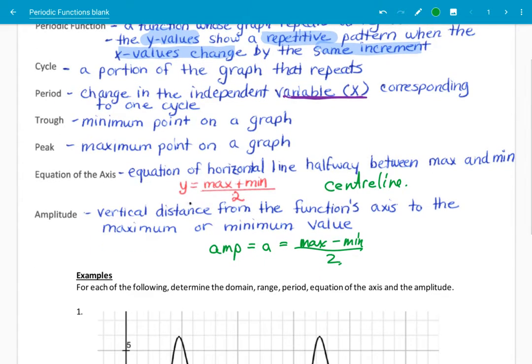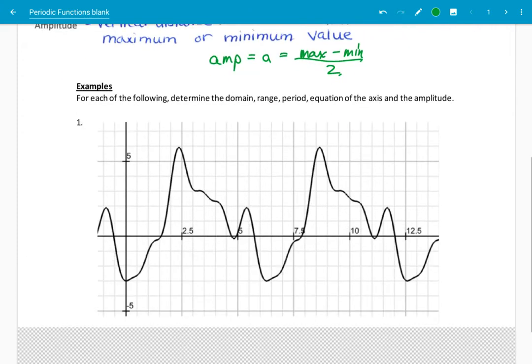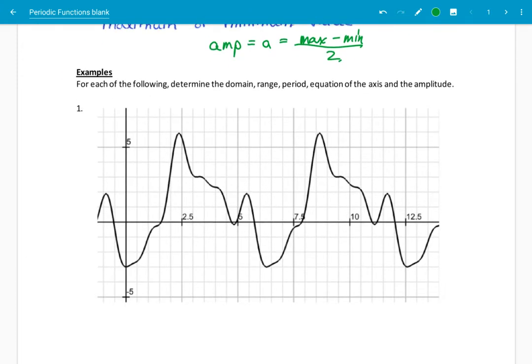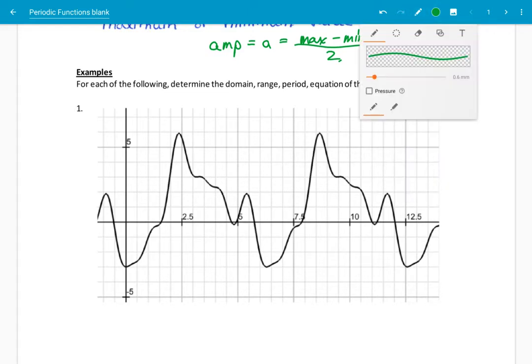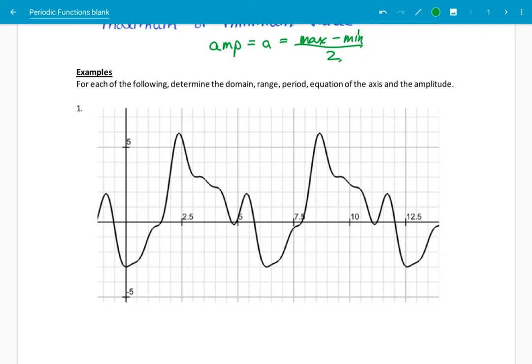All right, on to the first example. What I would do first is look at vertical information first. So that means the center, or the equation of the axis, and the amplitude. Both of them rely on knowing where the max is.